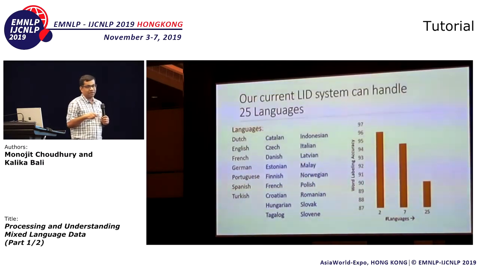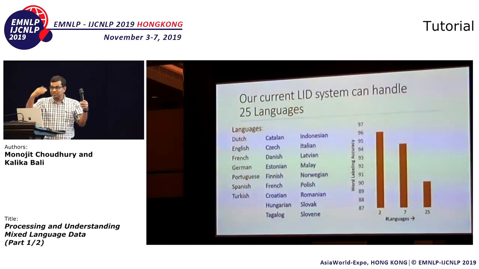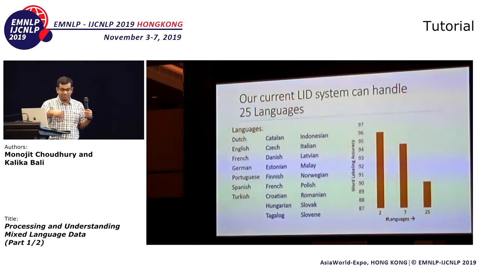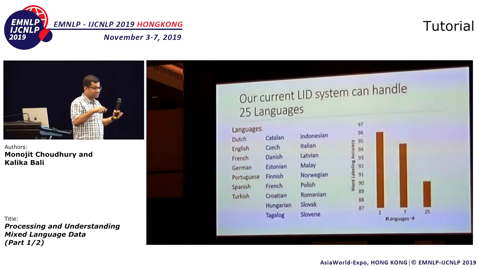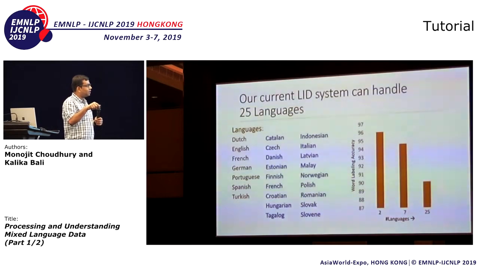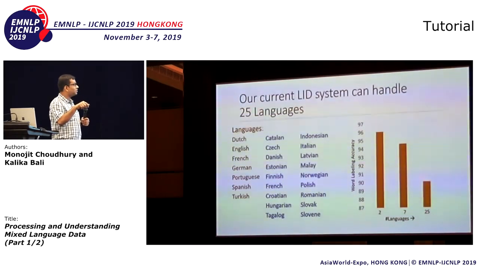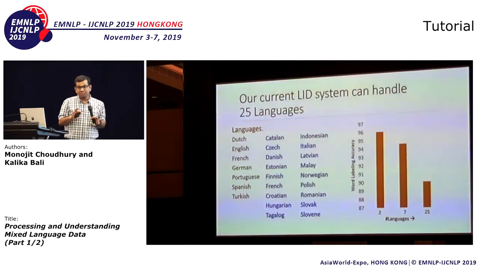If you have 7 languages, that means in your HMM, the transition I had only for 3 different languages grows up to 7 such parallel transitions, and then the accuracy goes a little down to 94.5. But if you increase it to 25 languages, it's 90. So it is not dropping significantly, but it says that if you have N-way multilingual or N-way code mix, there is a possibility that your system accuracy will drop a little.